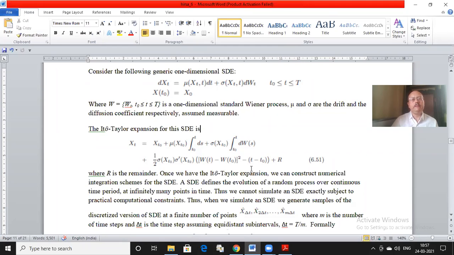So this will be the second term indicating the variance with a typical half sigma prime coefficient because of the second derivative, plus R, where R is the remainder term. So is this clear? What we are trying to do here is making a simple Taylor series expansion around t naught or X_t0.